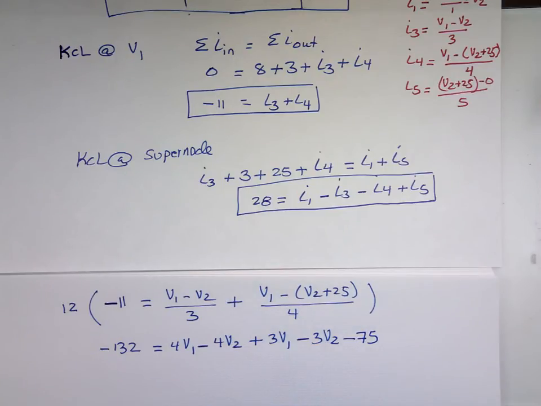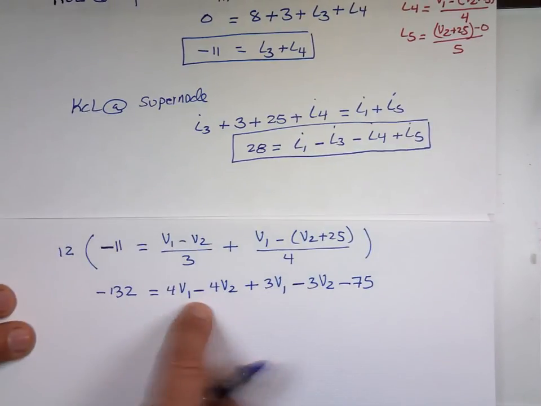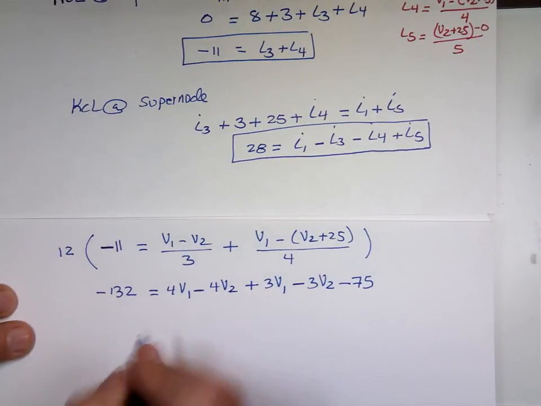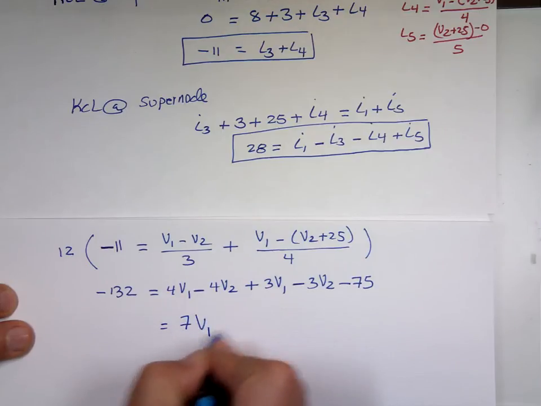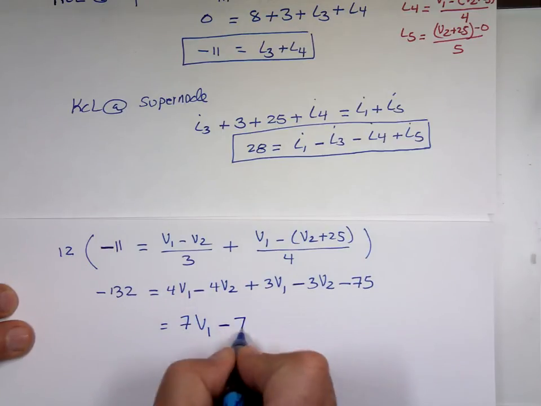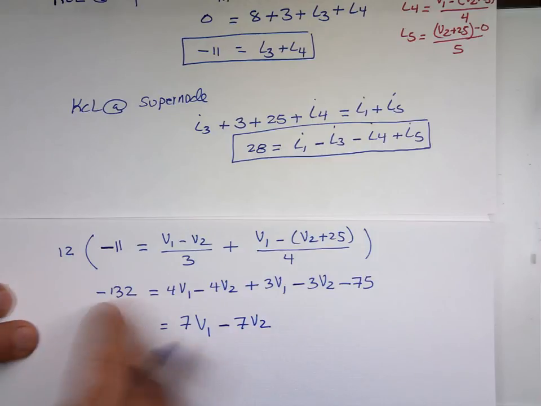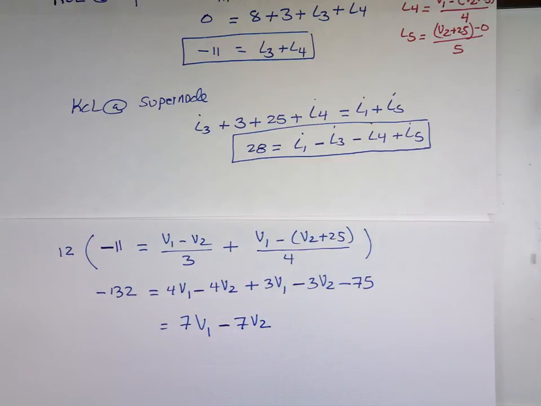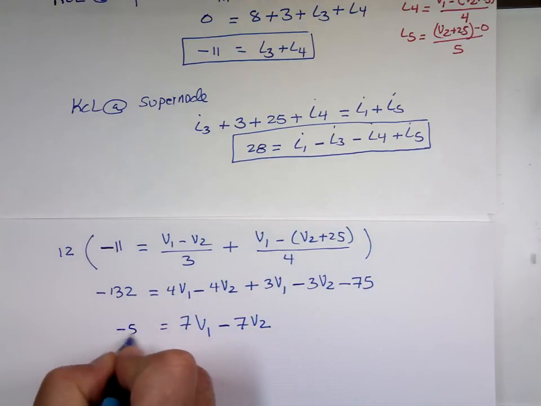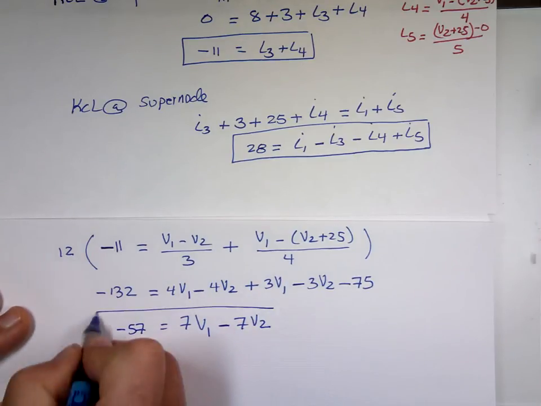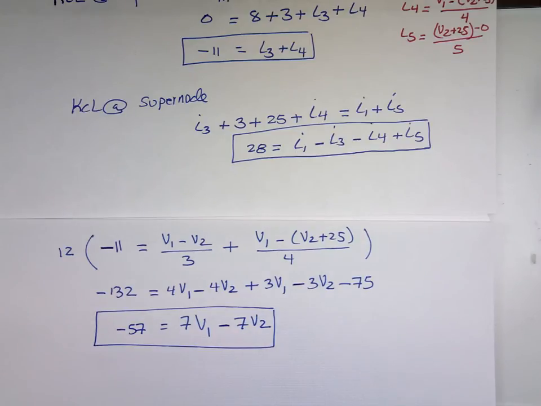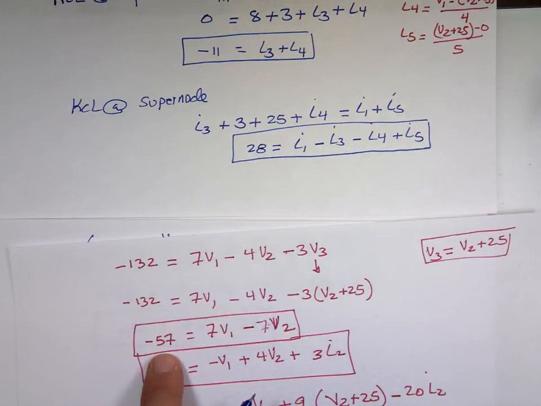Again, I'm going through it quickly, so hopefully I don't make a math error. That's 7V1 minus 7V2 equals, what's 132? Is that negative 57? I think if I showed you the equation after we spend all the math on it, where was that equation? Look at that. Negative 57 is 7V1 minus 7V2.